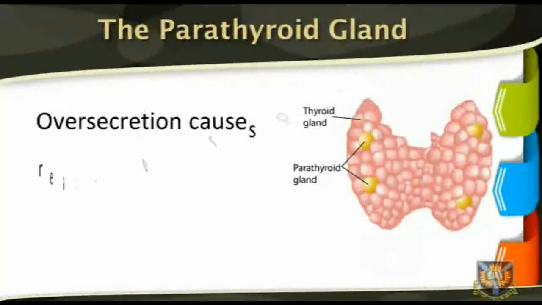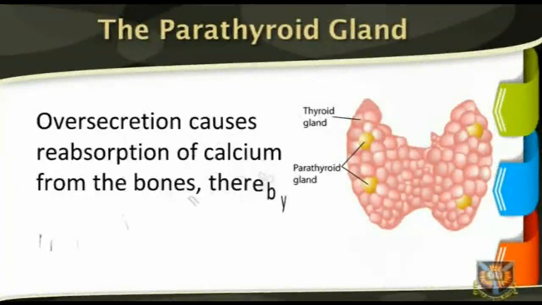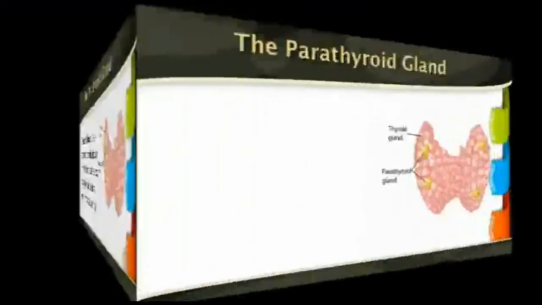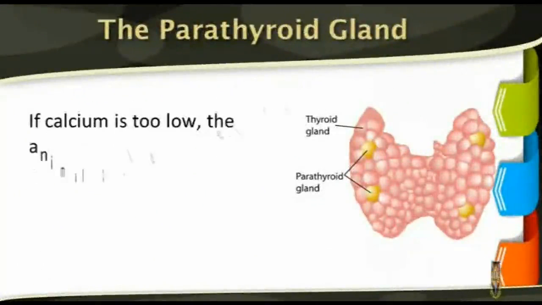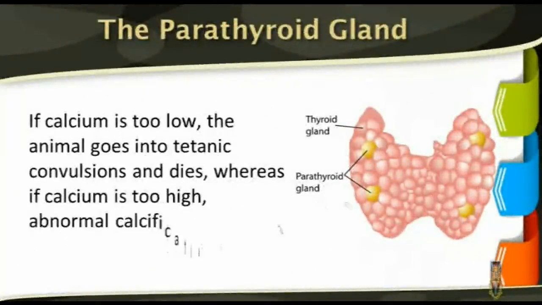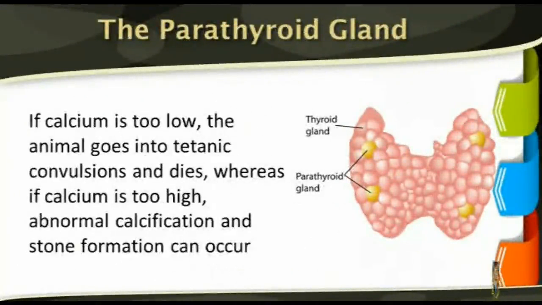Oversecretion causes reabsorption of calcium from the bones, thereby raising blood calcium levels, hypercalcemia. If calcium is too low, the animal goes into tetanic convulsion and dies, whereas if calcium is too high, abnormal calcification and stone formation can occur.